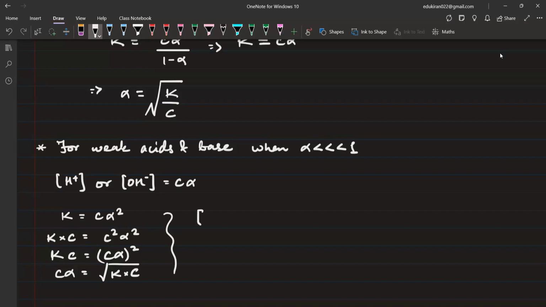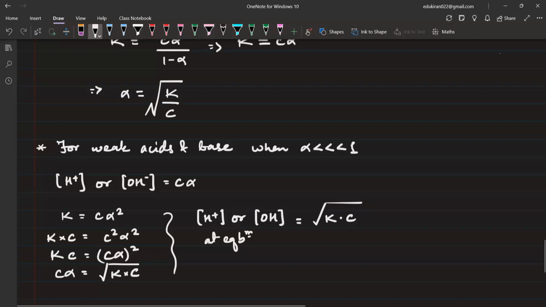So the concentration of H positive or OH negative, please remember at equilibrium, we can get this by multiplying the dissociation constant, Ka या Kb जो भी हो, into C. ठीक है, so this is the formula that we can directly use.